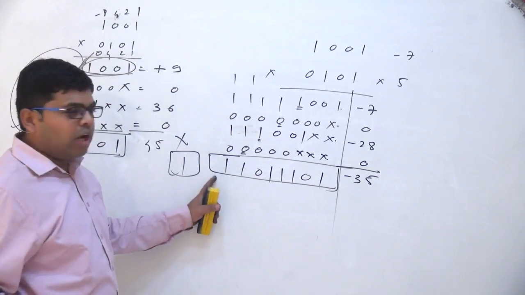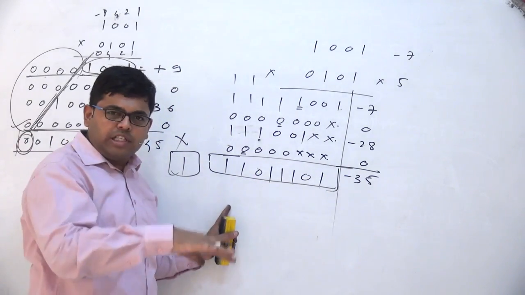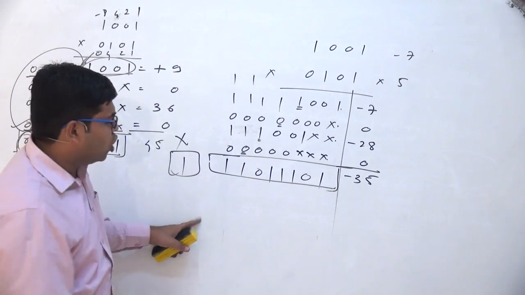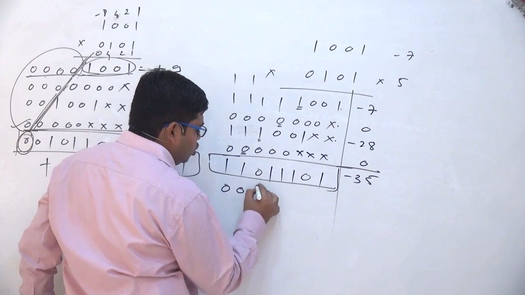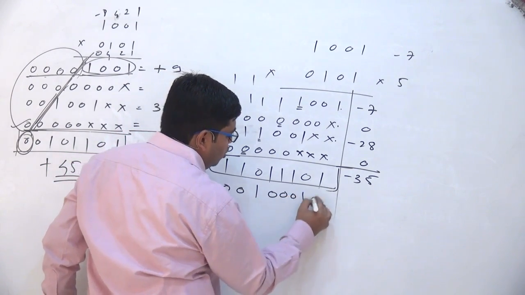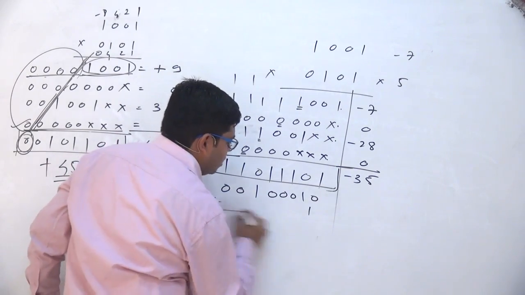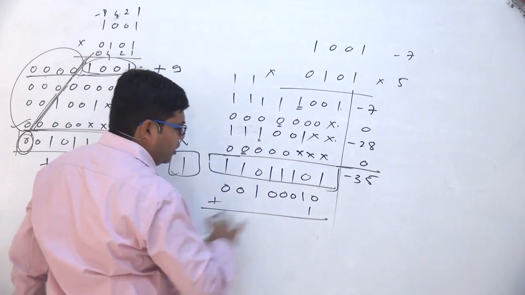Now, in order to convert this particular value to decimal, you again take the 2's complement. So for that we will take first the 1's complement, which will be 00100010, and then plus 1. Okay, 1's complement plus 1 is equal to the 2's complement.